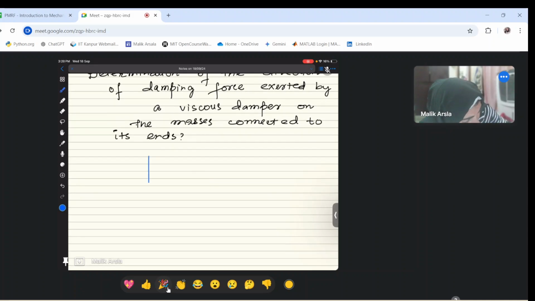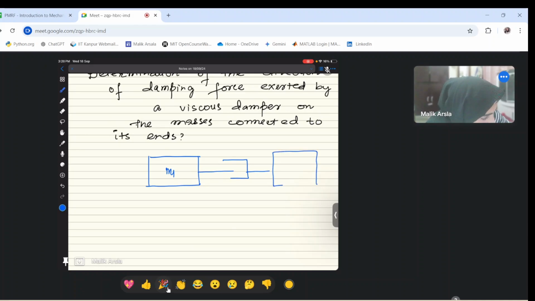So let us consider we have a mass, say M1, which is connected to a damper, which is connected to a mass M2. So these are our two masses, and we assume that M2 is moving with a velocity x2 dot in this direction, and M1 is moving with a velocity x1 dot in this direction.